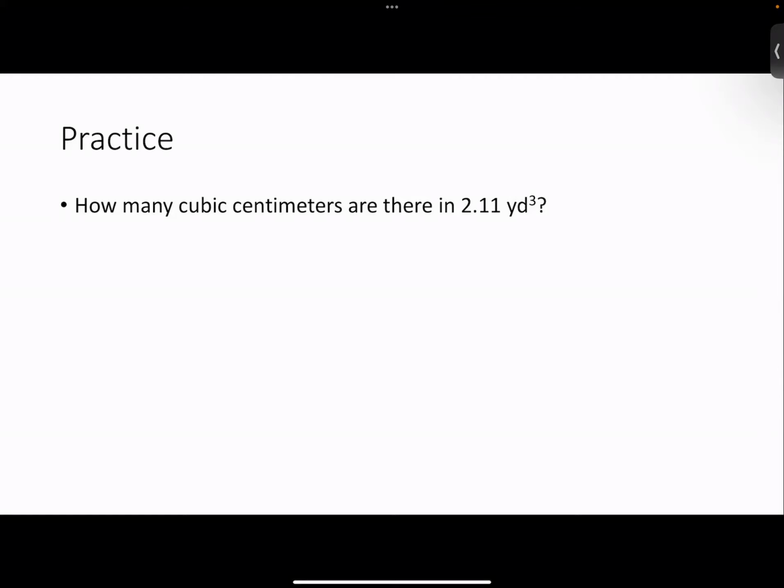For those that need it, 1 yard is 3 feet. 1 foot is 12 inches. And 2.54 centimeters is in an inch.